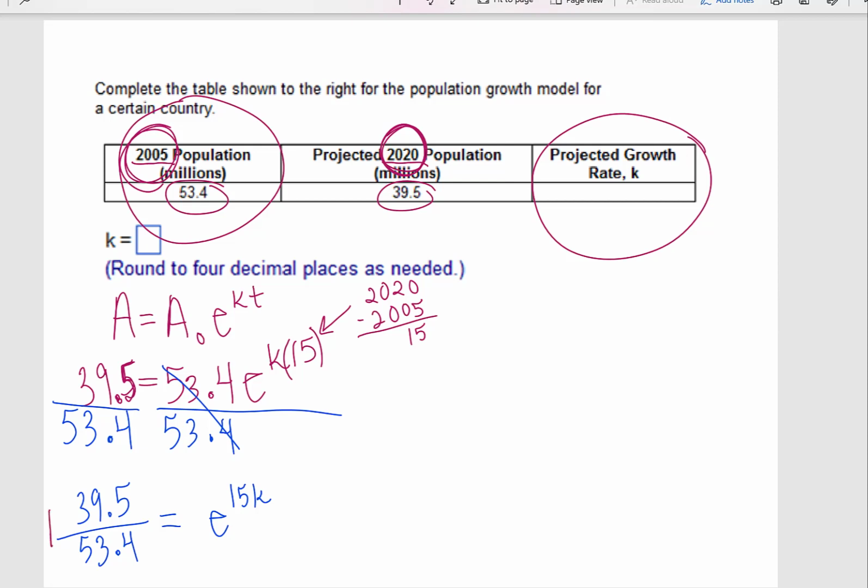The reason that I do that is because when I take the natural log of E, it simplifies to whatever the exponent is.